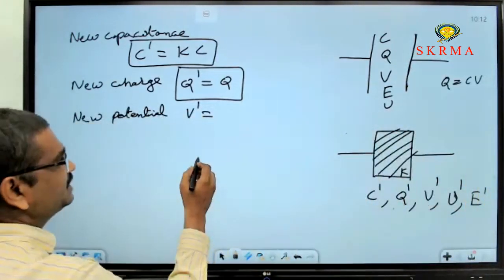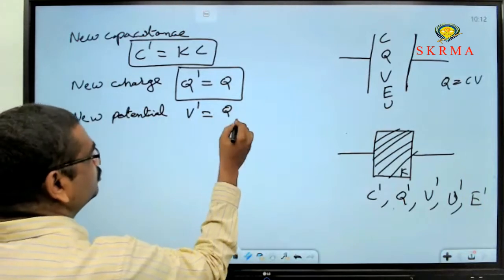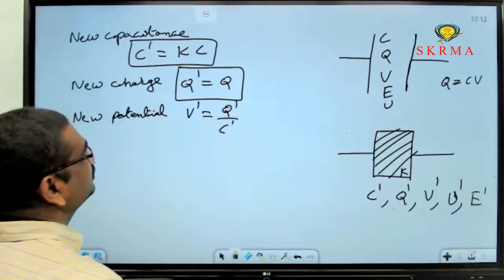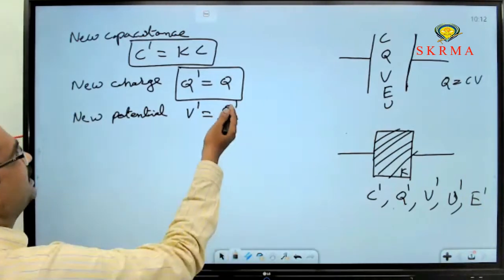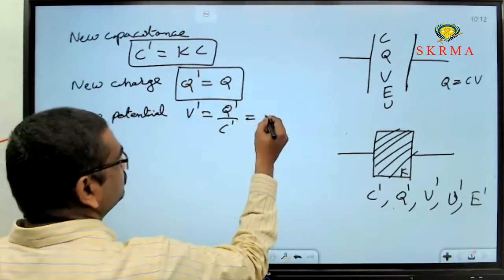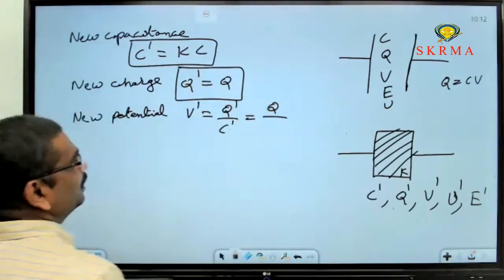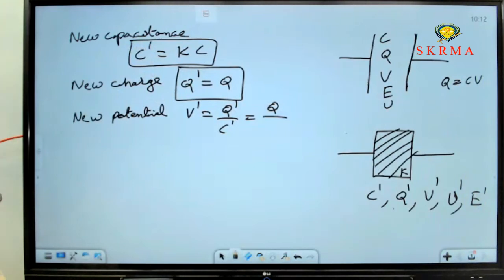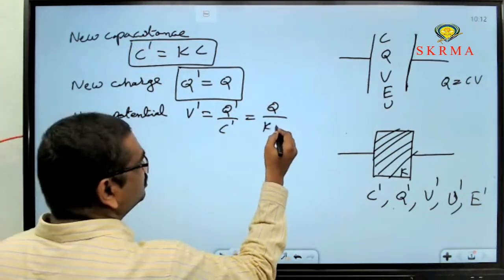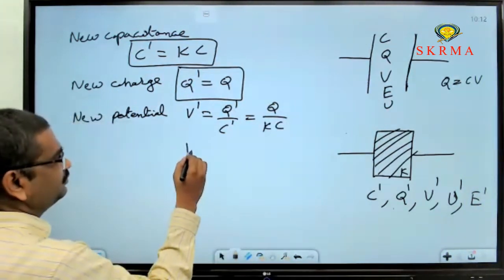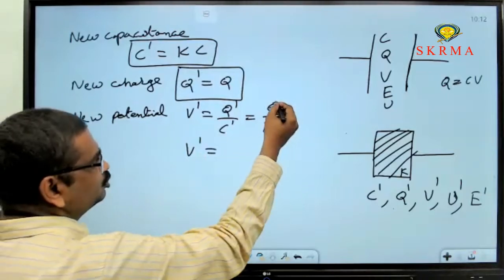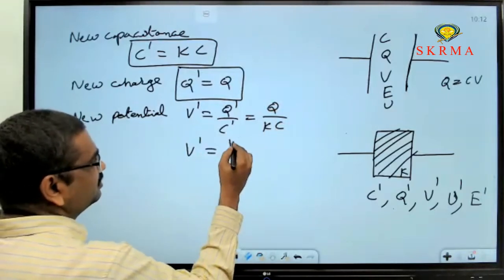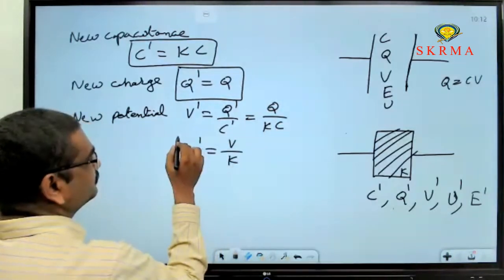Now from that one, V equal to Q dash by C dash. What is the value of Q dash? Q. What is the value of C dash? K into C. So V dash equal to Q by KC, which can be written as V by K.